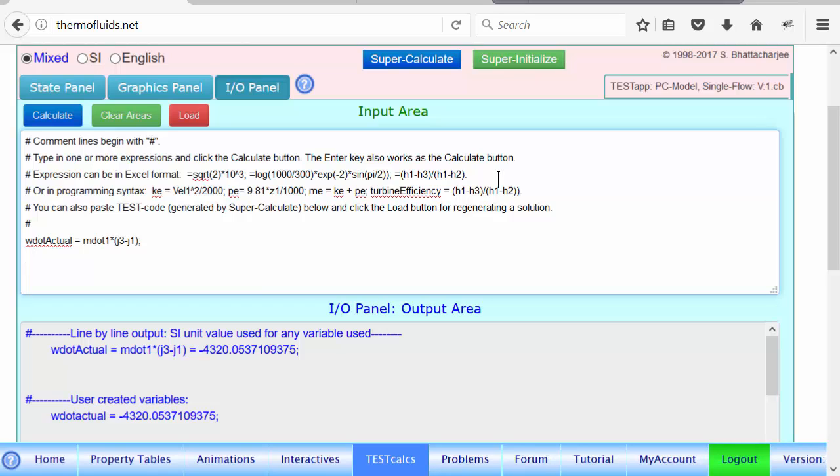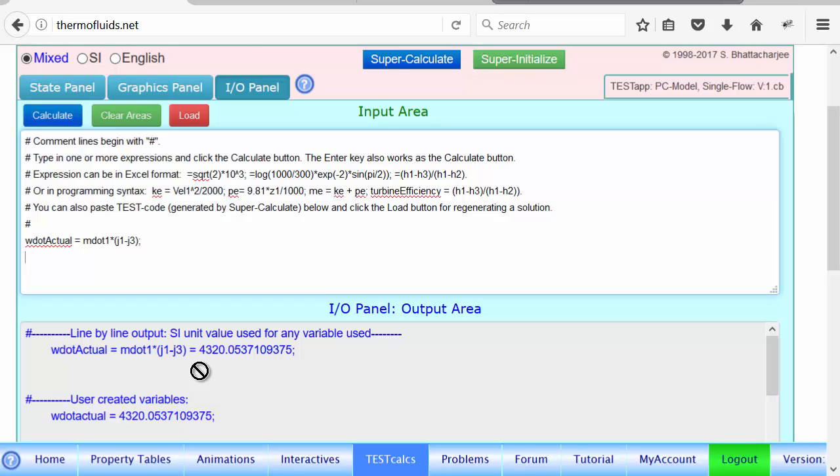It should be J1 minus J3, because of course J1 is higher than J3. We want the answer as a positive number, W dot actual produced by the turbine. The inlet energy is higher than the exit energy. So the answer is 4320 kilowatts. This is how much shaft power the turbine is producing.